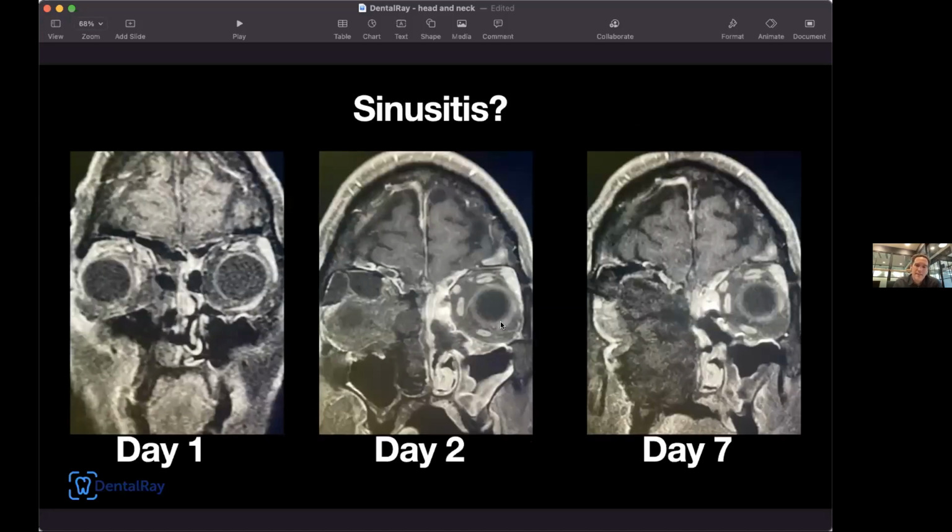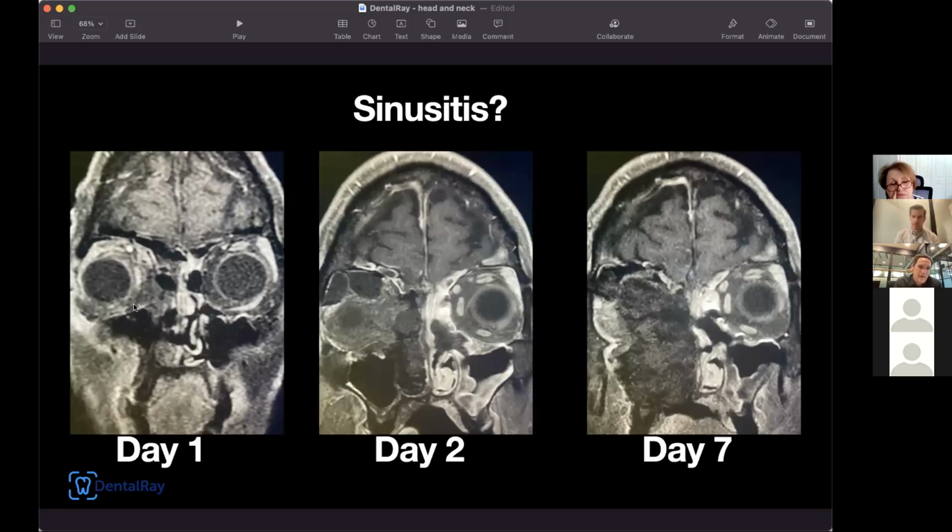Let me show you 3 MRIs here of this unfortunate patient. So this is a case of a very aggressive type of sinusitis. And again, we're looking at an MRI where we can see the contrast dye enhancing in normal healthy tissue.